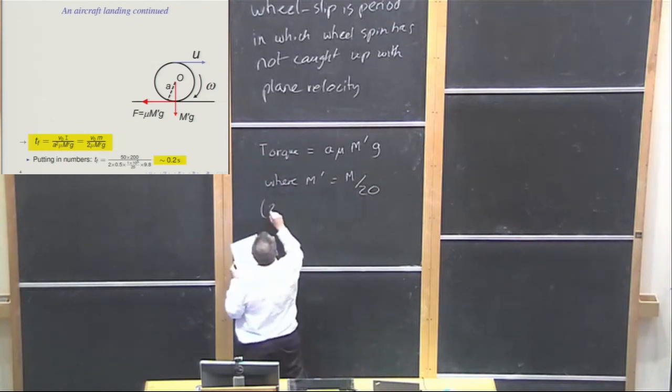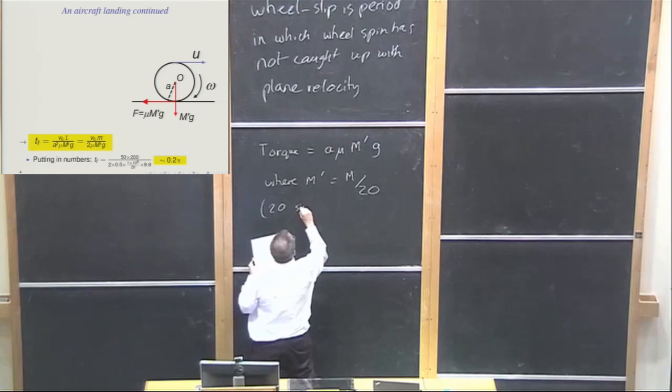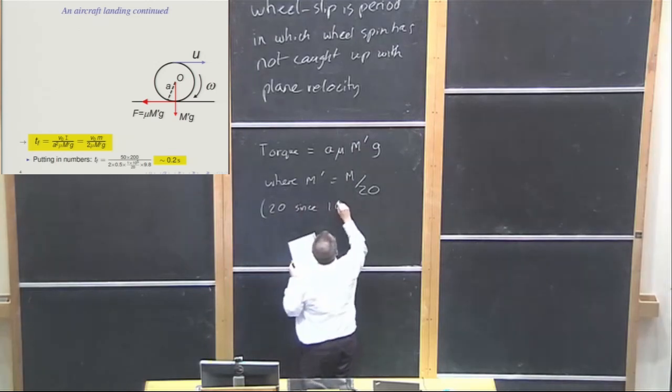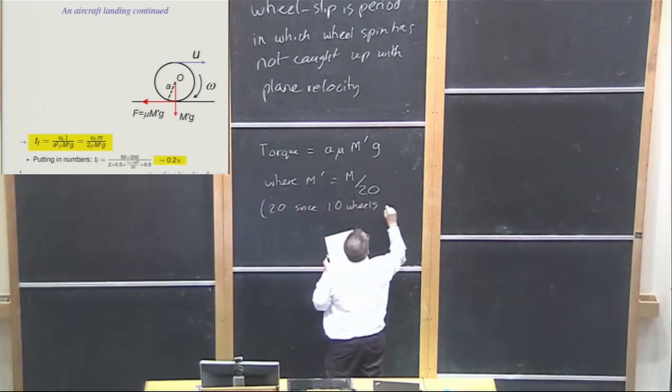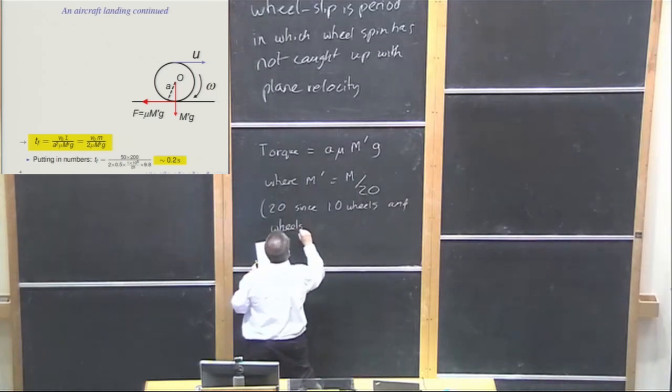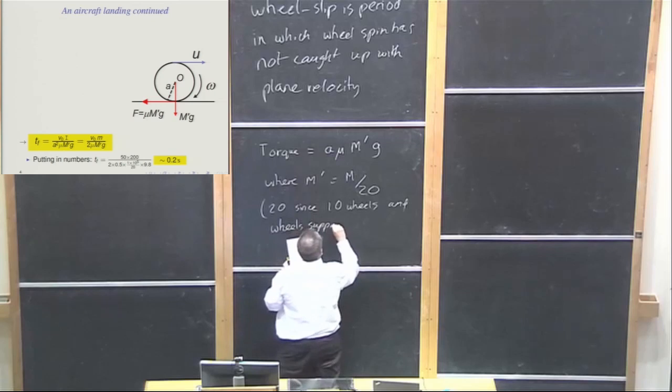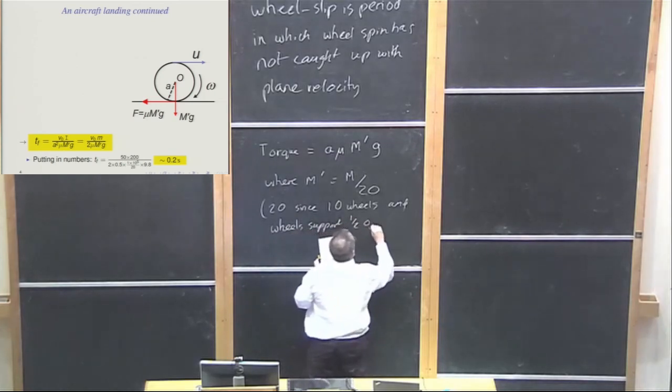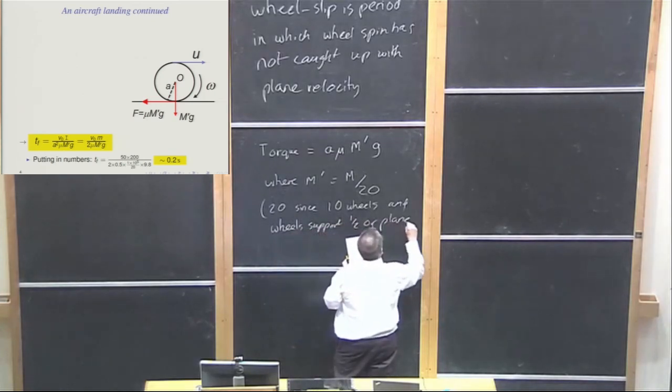Why 20? Because we have 10 wheels, and the wheels support half of the plane mass.